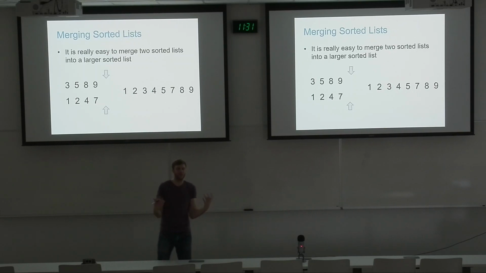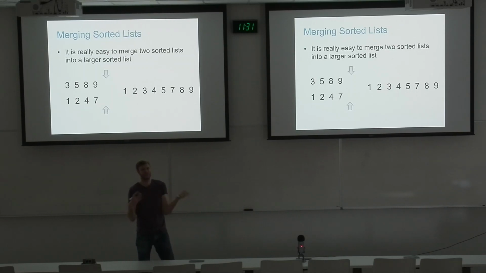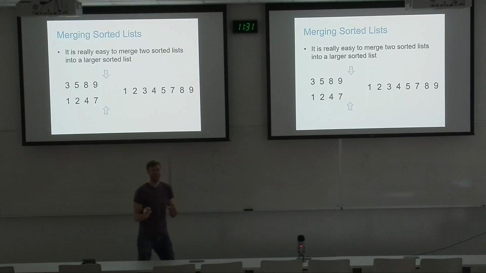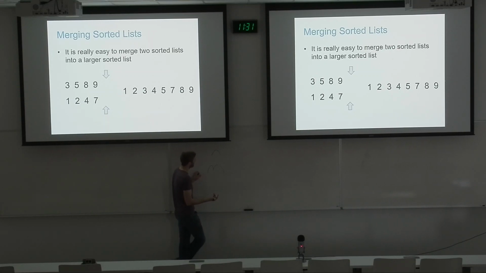But if they're two different sizes, if one list is size n and the other one's size m, where n and m are not the same, well, we could think of it in a couple of ways. We could say it's going to be n plus m. But of course, in reality, one of these is going to be bigger than the other. Let's say n is the bigger number.